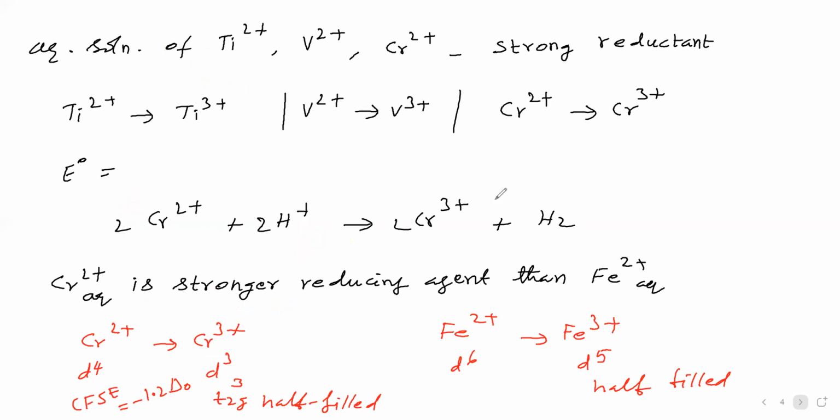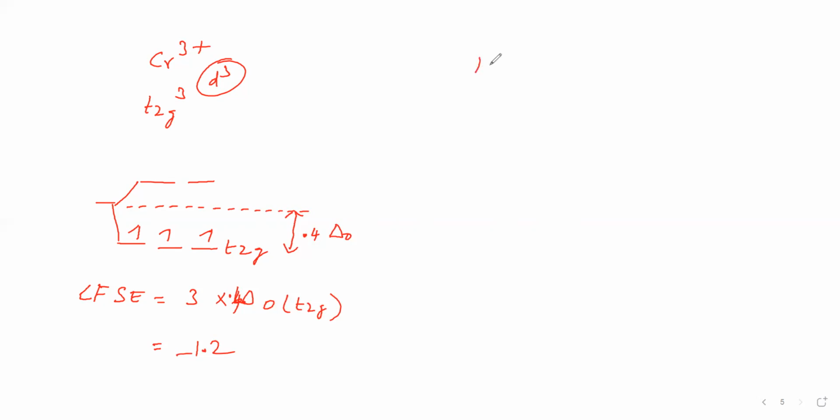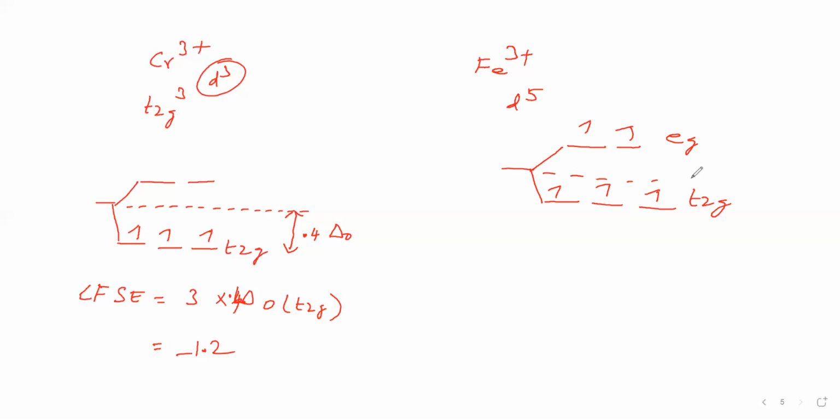For D5, we will see, that means Fe plus 3, D5. Here T2G, here Eg. D5 means 5 electrons will be written like this. It is a barycenter.